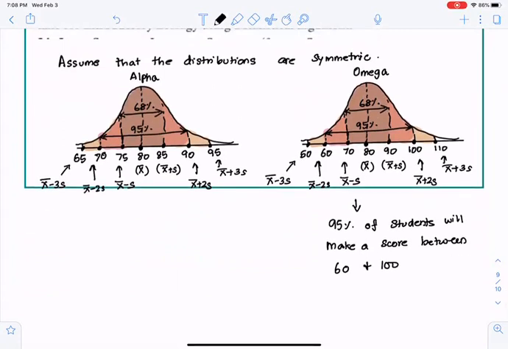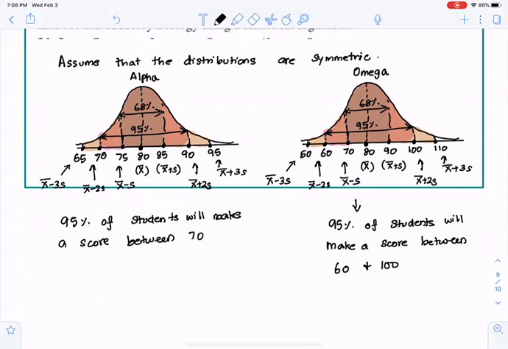In Professor Alpha's class, 95% of the students score between 70 and 90. Well, that doesn't give much solace, I believe, because both of them seem quite reasonable to me. So maybe we've got to look at it from a different perspective.